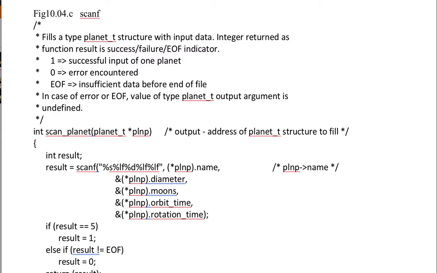We want to make an assignment to the planet type variable, or really we want to change the values of the planet type variable. Remember, when we want to change the values of a function's argument, that argument is considered an output variable, and the output variable should be a pointer.